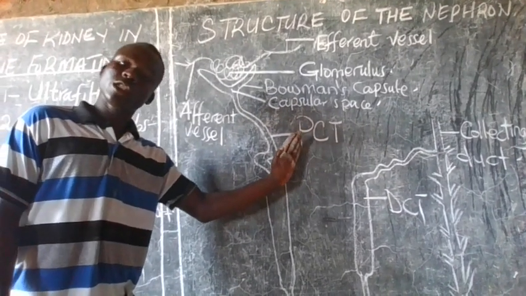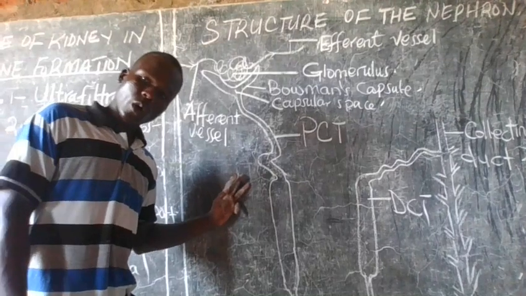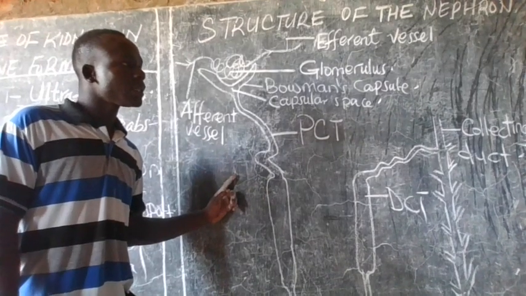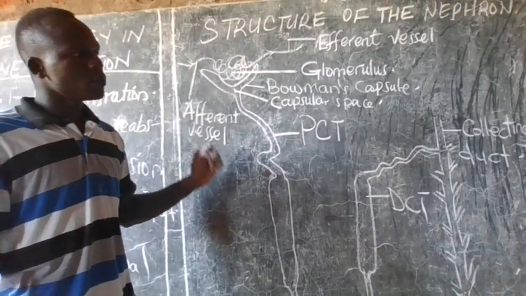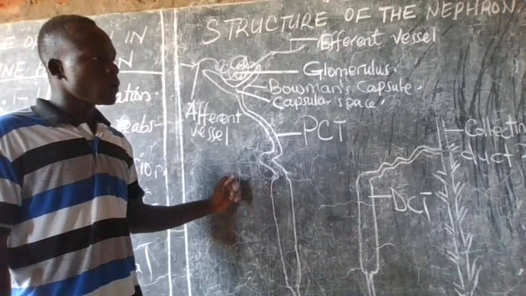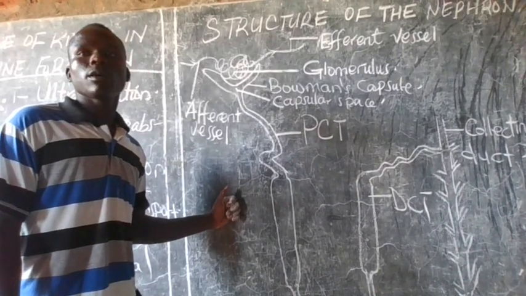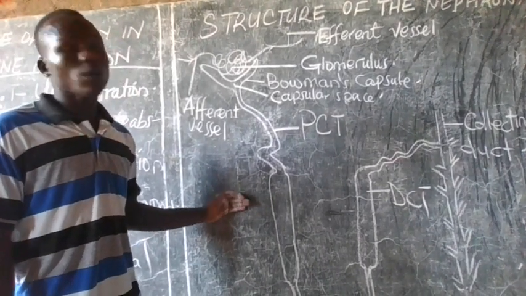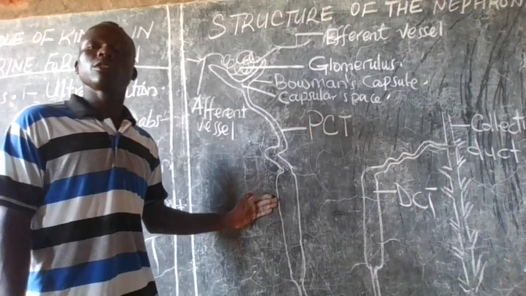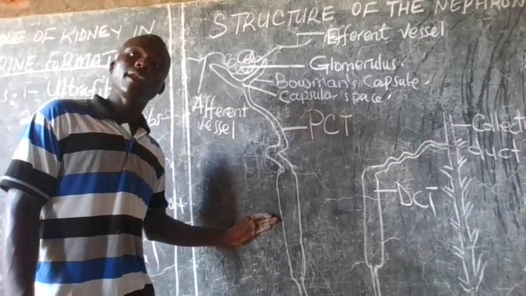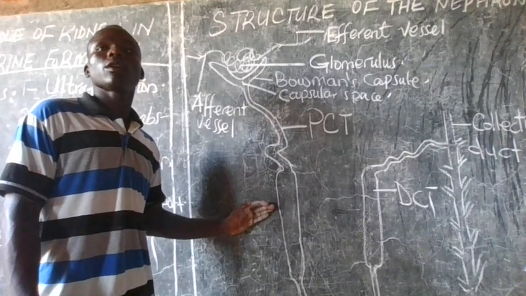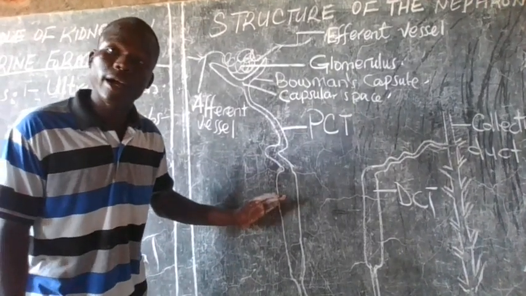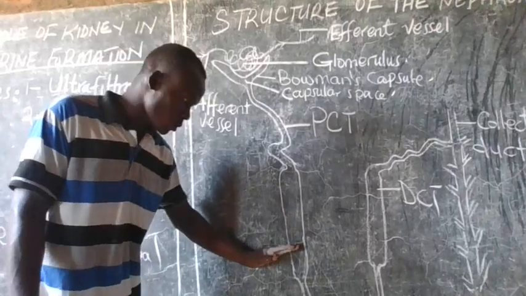In the proximal convoluted tubule, all glucose, all amino acids, all vitamins, some salts, and some water are reabsorbed back to the bloodstream. For glucose, reabsorption takes place by simple diffusion and active transport, whereas for salts, reabsorption occurs only by active transport.